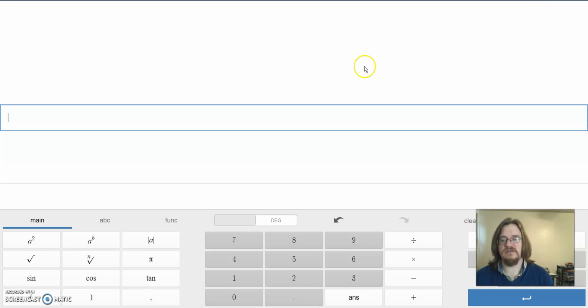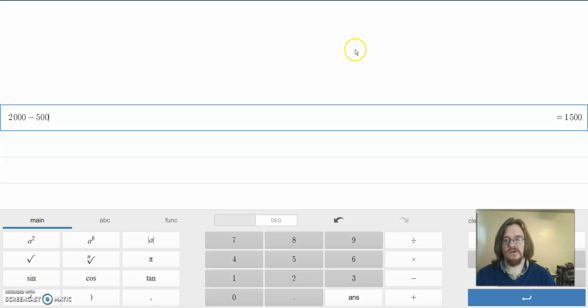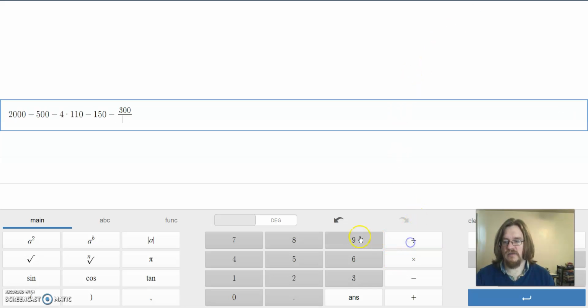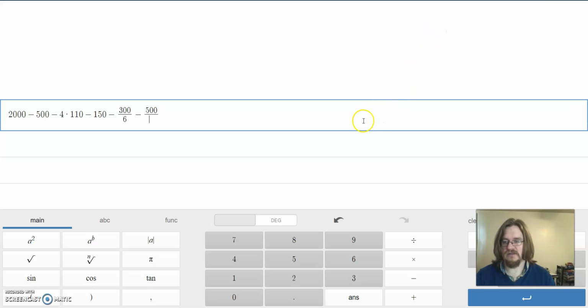So we have $2,000 income from our salary every month, minus 500, minus 4 times $110, minus 150, minus 300 divided by 6, minus, I think the next one was $500, minus, or sorry, divided by 6, because those were happening semi-annually.